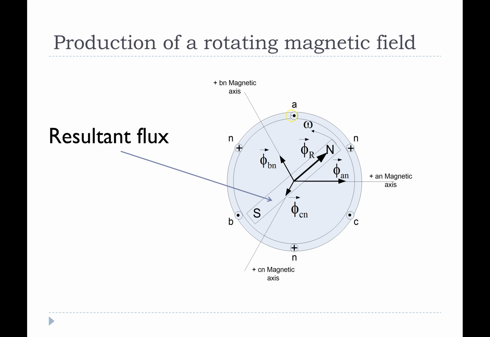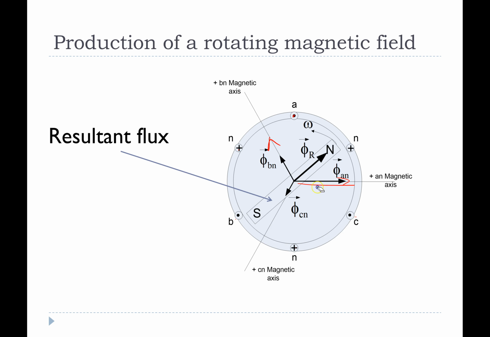We have A and A prime, or N in this case, B and C. So we have these three windings that are all wound. The axes of the windings are at 120 degrees to each other.